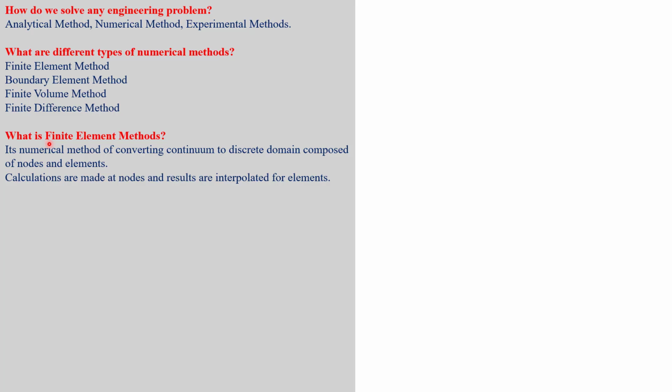All the calculations are made at the nodes, and the results will be in the form of stress, displacement, and strains. Then whatever results you get at the nodes will be interpolated to the elements, so it's like an average solution on these elements.